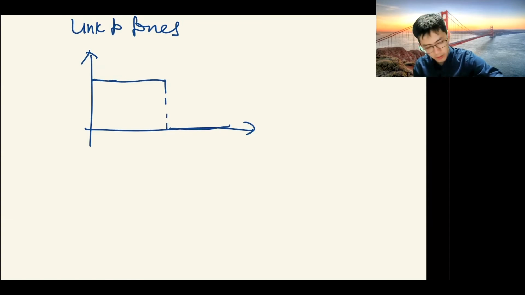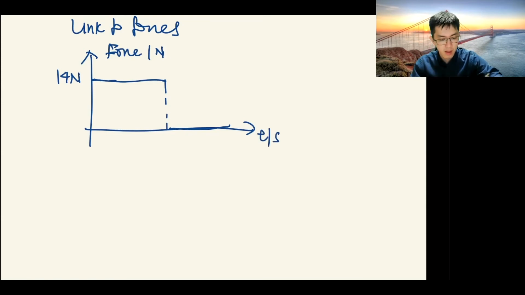Let's just say this is 14 Newtons. This is force in Newtons, and this is a time in seconds graph. And this is 0 Newtons. So the graph basically looks like this. It goes like that, and it goes like that. And then the timings here will be 4 seconds and 6 seconds.